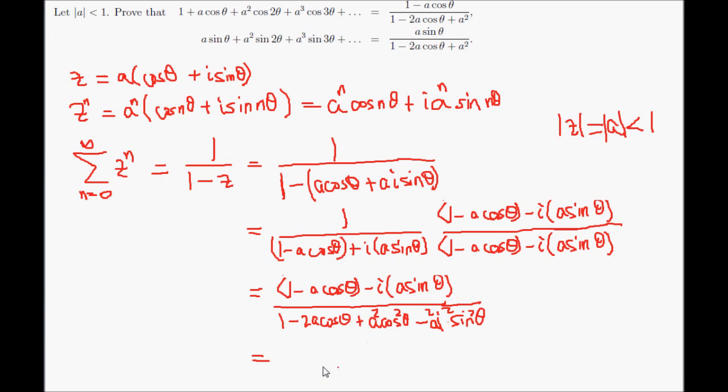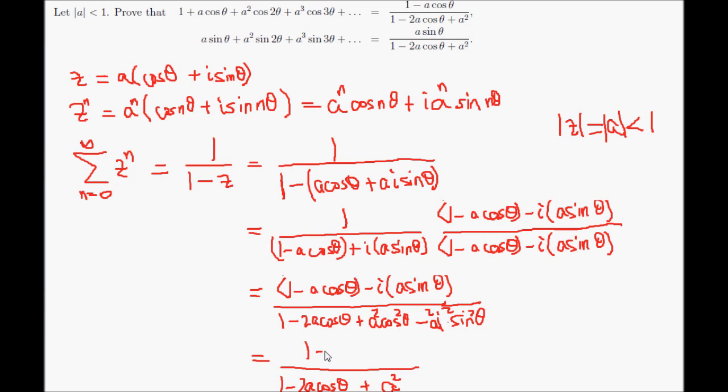Okay, so the denominator is going to be equal to 1 minus 2a cosine theta plus a squared, because we have a squared cosine squared theta plus a squared sine squared theta, which becomes a squared times 1, which becomes a squared.